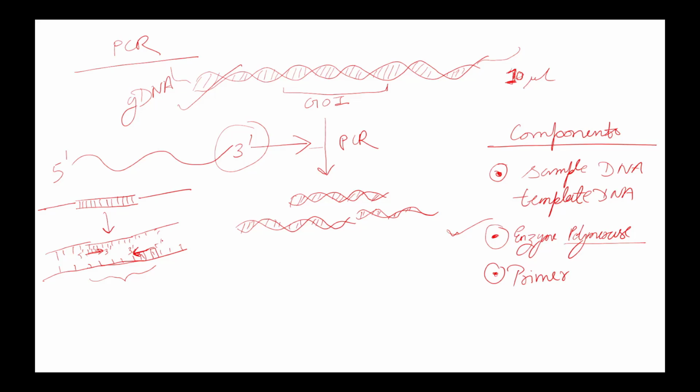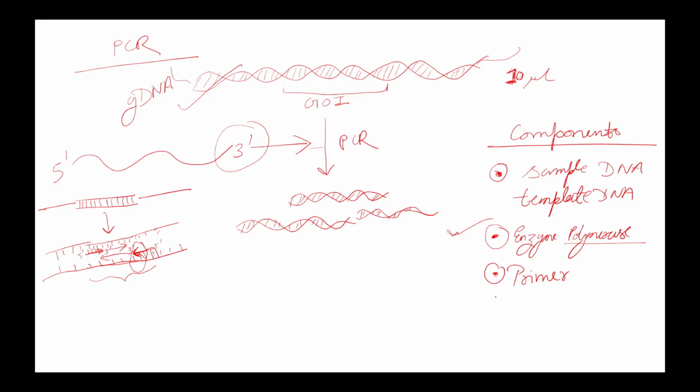So after the primer is attached to this DNA template, your polymerase enzyme can sit here and now it can extend. In the 5' to 3' direction, this fragment of DNA can be extended.